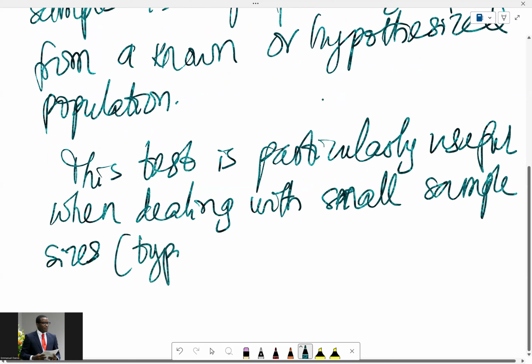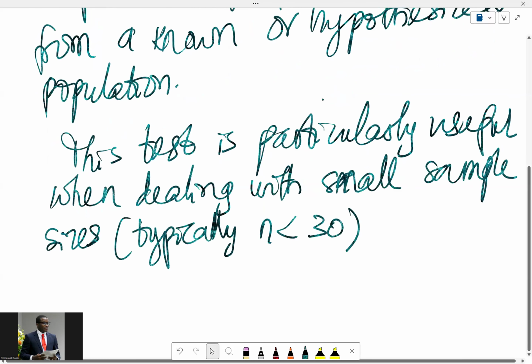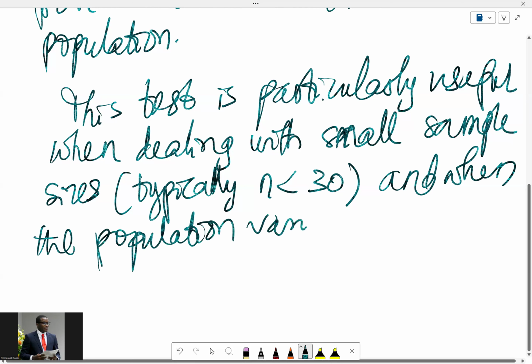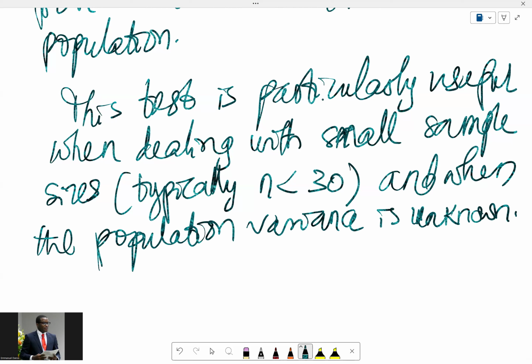Of course, large sample sizes are typically n greater than or equal to 30, then small sample sizes will be n less than 30. And of course, when the population variance is unknown. So if you compare this with Z-test, right? Z-tests are done when you have large sample sizes, n greater than or equal to 30, or when you know the population variance, which of course would mean that you also know the population standard deviation.